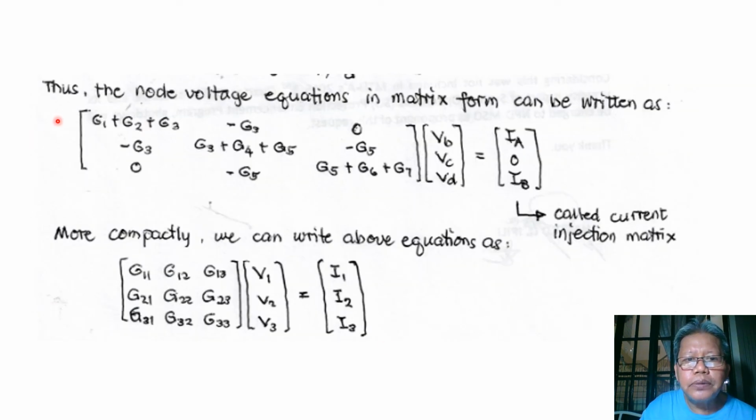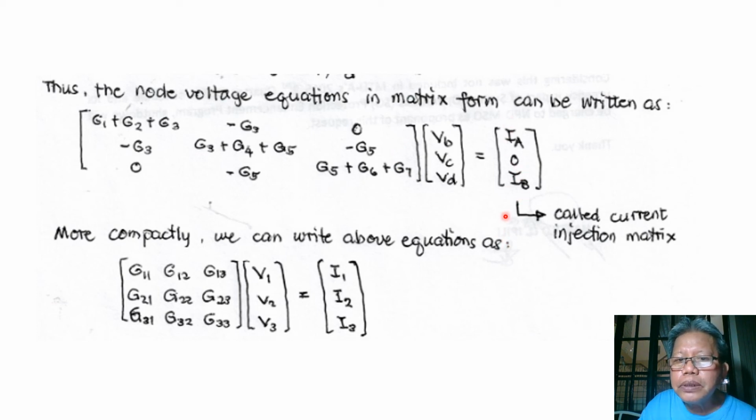So that's the node voltage equations in matrix form, in terms of the conductances. This is our set of node voltages written in matrix form. So we have here IA, and of course we still have these node voltages, which we are going to determine, and these are the coefficient matrix.